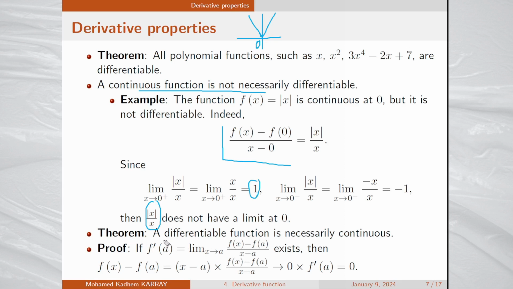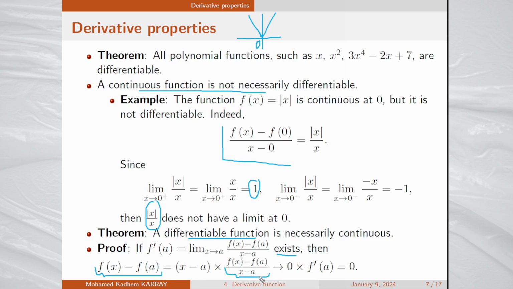On the opposite side, a differentiable function is necessarily continuous. Indeed, since the f prime of a equals this limit, and this limit exists and is finite, then we can write the difference f of x minus f of a as x minus a multiplied by the rate of change.